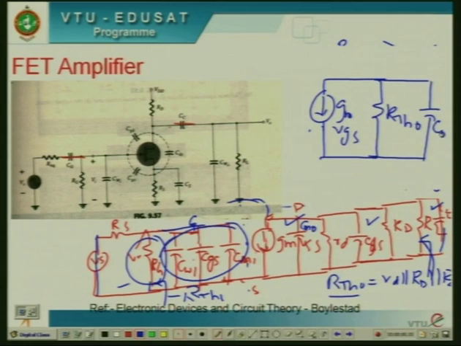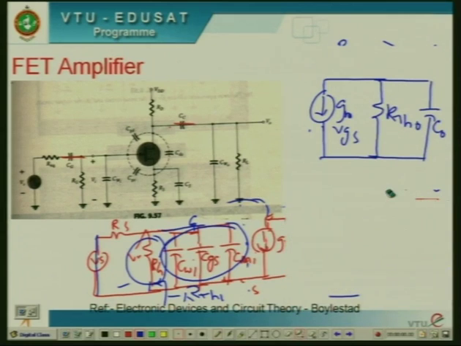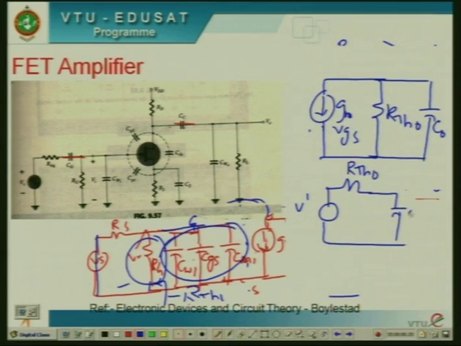Then this circuit is further simplified. You replace the constant current source with a voltage source. Then using source transformation, we can replace this circuit by a source V dash in series with RTHO, in parallel with CO. This is the high frequency response of an amplifier. We need to analyze this circuit further to determine the cutoff frequencies of the amplifier.